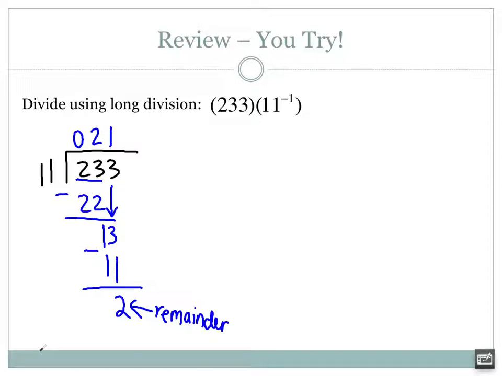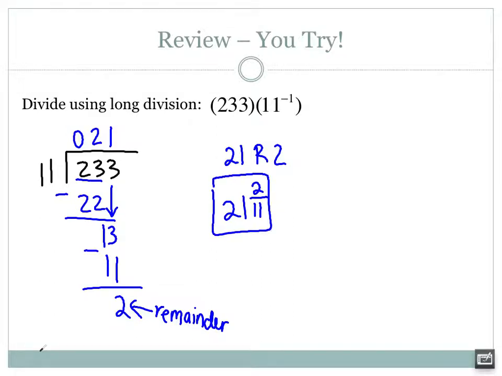Okay, so we say 233 divided by 11 is 21 with a remainder of 2. We don't generally write it like this, though. Instead, we write 21, and then that 2 we couldn't divide by 11, so we just leave it as 2 over 11. So this was a quick review of long division. Hopefully that jogged your memory.